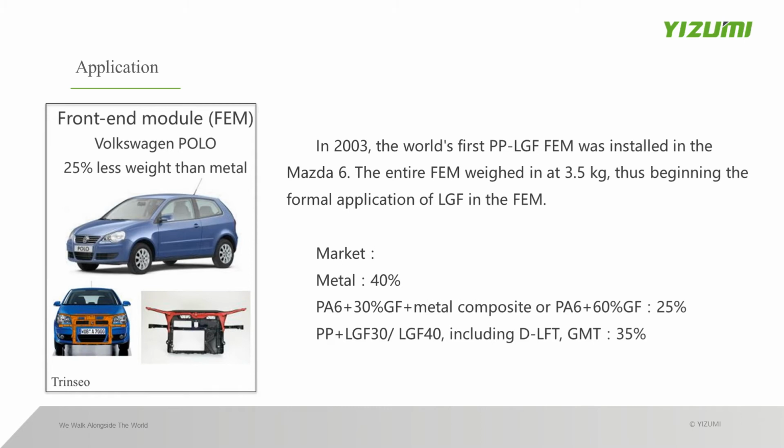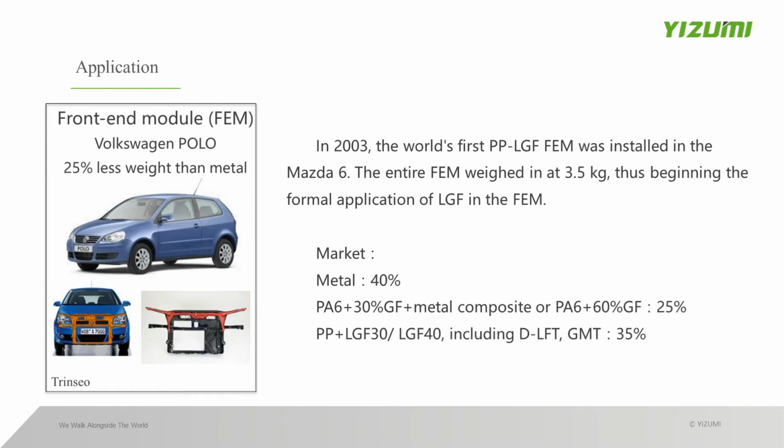And for this one, as I said at the beginning, the first was in 2003, and after more than 10 years of development, it has been adopted by more and more OEMs, including Chinese automobile manufacturers such as Geely, Great Wall, Guangzhou Automobile, Shanghai Automotive, and other OEMs.